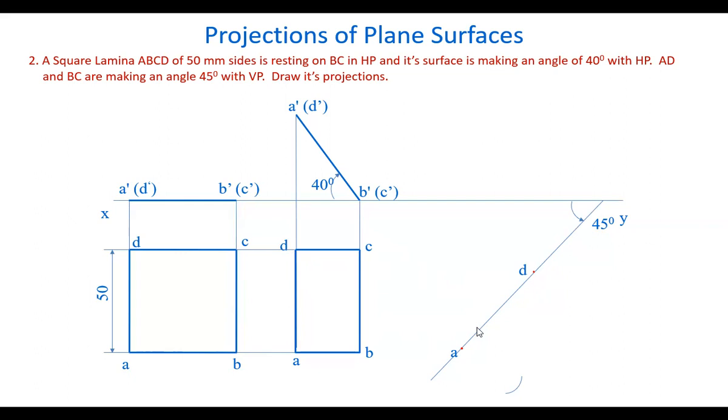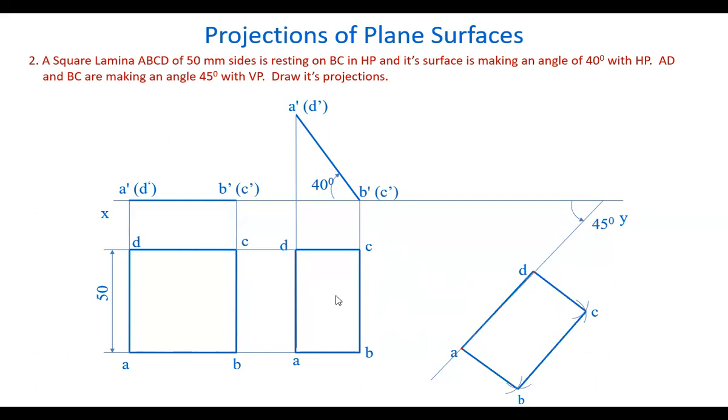From A as center, draw an arc with AB as radius. Next, DB as distance, that is DB as radius, D as center, draw another arc intersecting at B. That's how we get point B. Like this, we can get any number of points. We get C. So we got all the points here. Join them by straight lines.